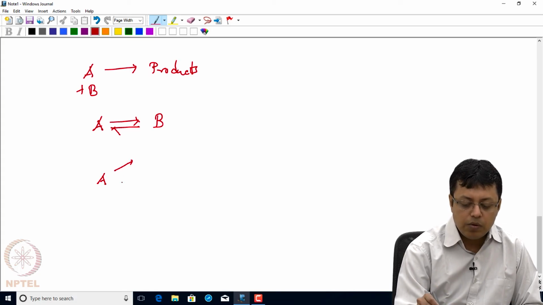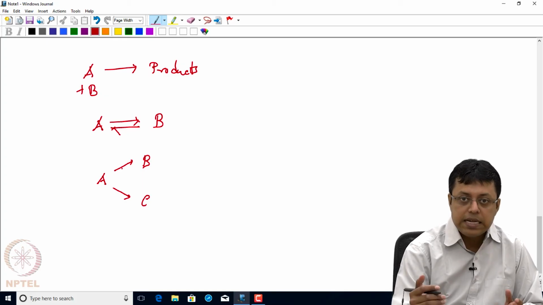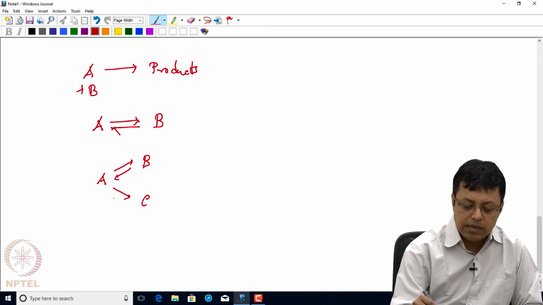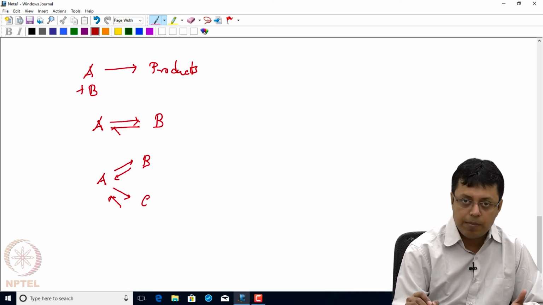Then we said, what will happen if we have 2 competing channels in the reaction, and we showed that initially everything will be governed by the rate constants, or the kinetics, which are connected to the activation barrier. So the smaller activation barrier will have the higher rate constant, and that product will be favored. But eventually with time, as B and C get accumulated, the reverse reaction will also happen, and then everything will be dictated by the ratio of the equilibrium concentrations, that is, by how thermodynamically stable they are.